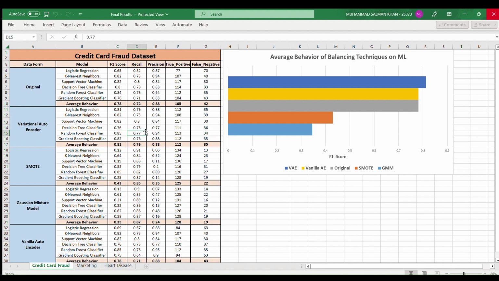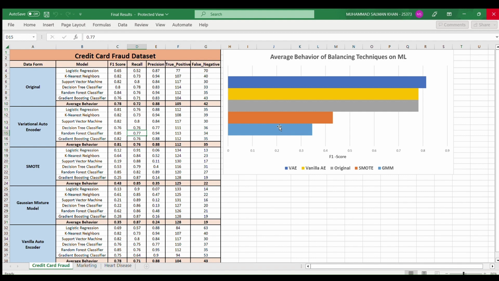But we do not see any significant difference when we compare it to the original dataset that was imbalanced. And we also see that SMOTE and Gaussian mixture model generated balanced datasets have not done very well when we compare them to the variational autoencoder generated dataset and the original dataset.